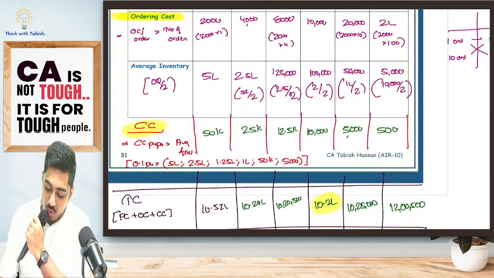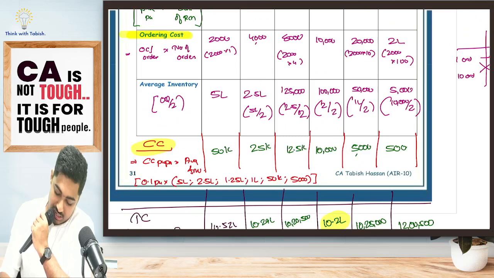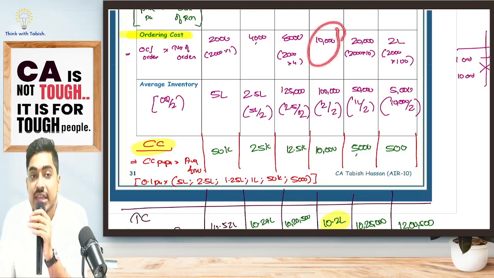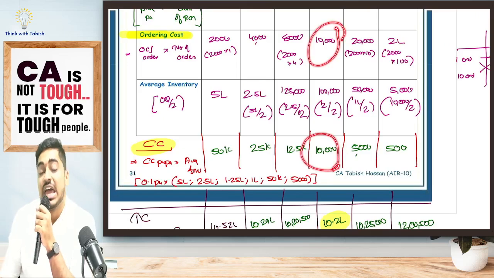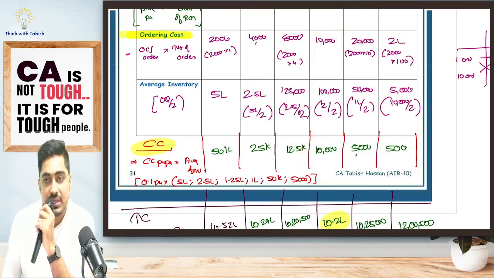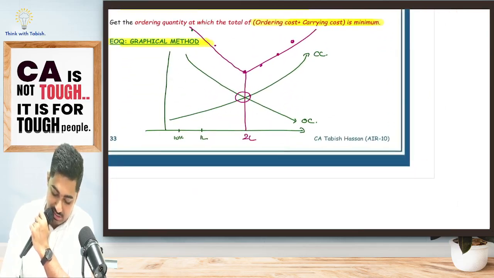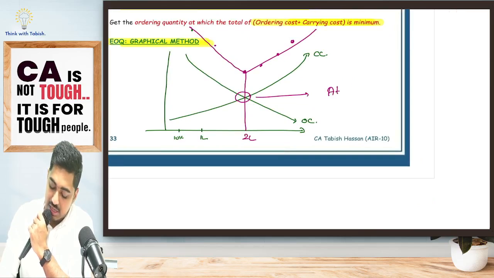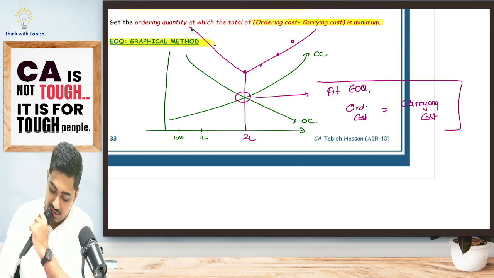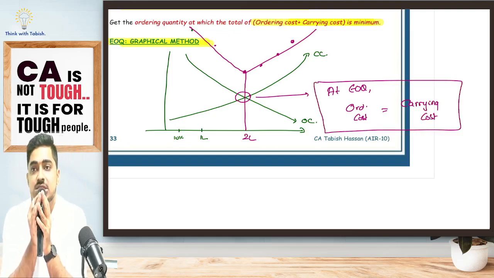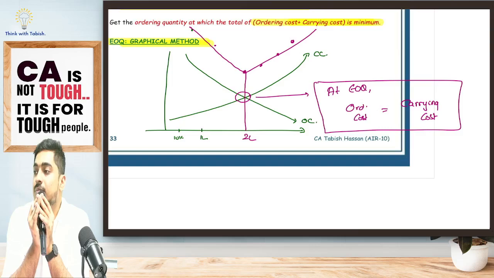At 2,00,000, what is my ordering cost? 10,000. What is my carrying cost? That is also 10,000. And is my total cost also minimum? Yes, boss. That means a simple observation is that at EOQ, my ordering cost will be equal to carrying cost. Yes or no? Is this clear, everyone?